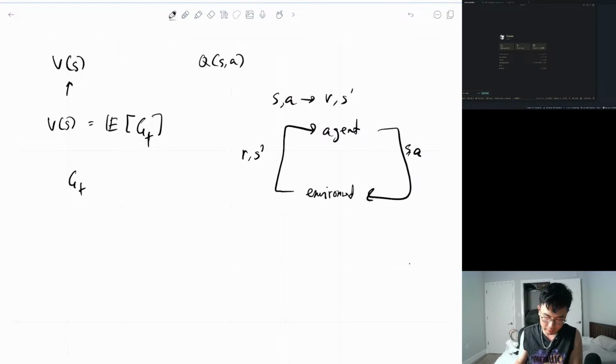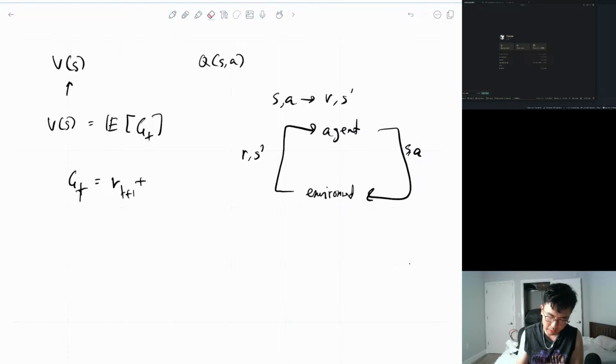So the return here is simply what you get once you step through the environment a lot of times, right? Starting from time step t, you're going to get some reward. Some texts, a lot of texts, will write R of t plus 1.